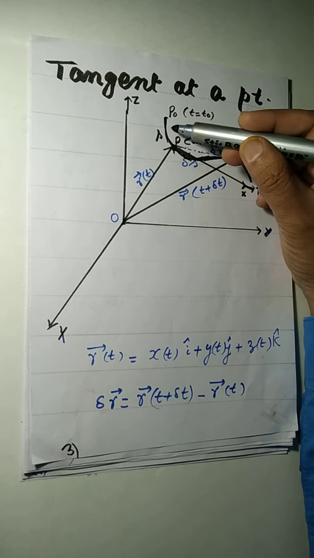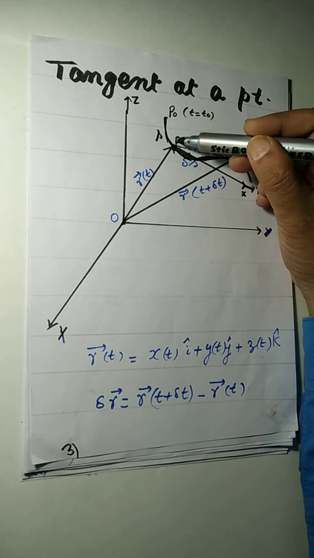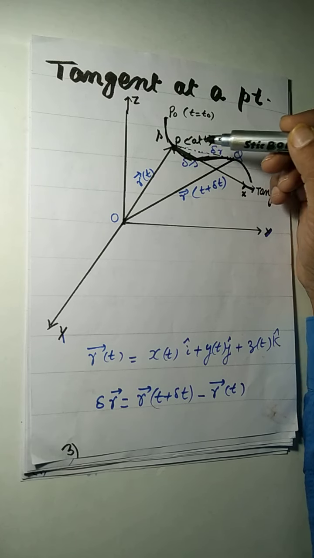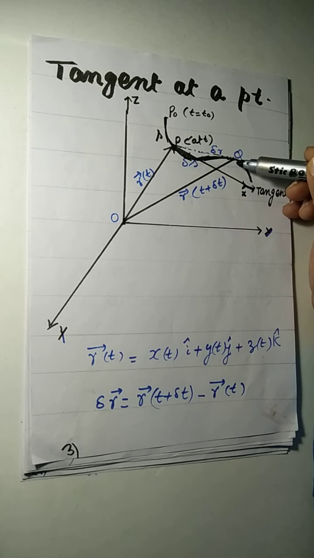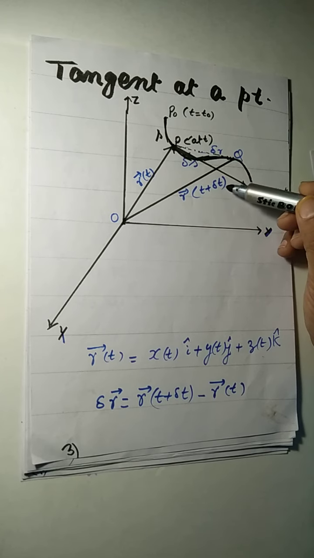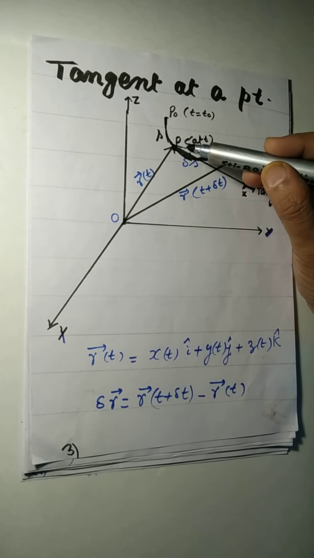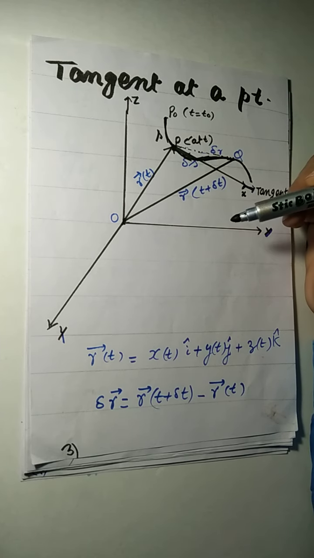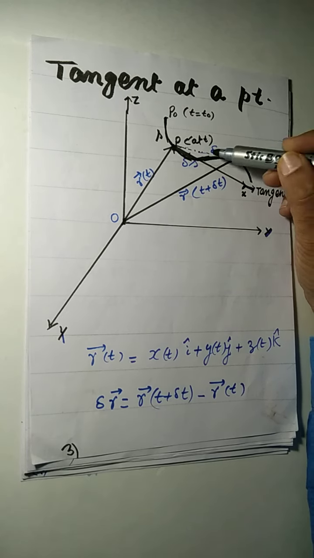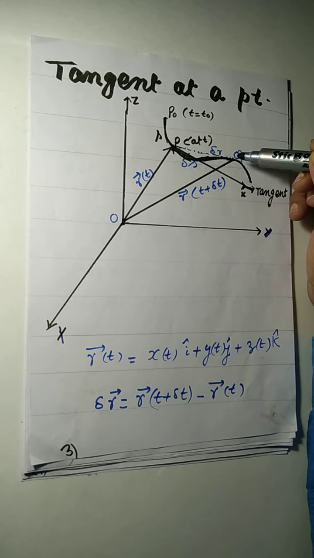After a time t, this will be at point P, and the neighboring point is Q, and the position vector is r vector t plus delta t, and the position vector of P is r vector t. t is the parameter, and delta r is called PQ.